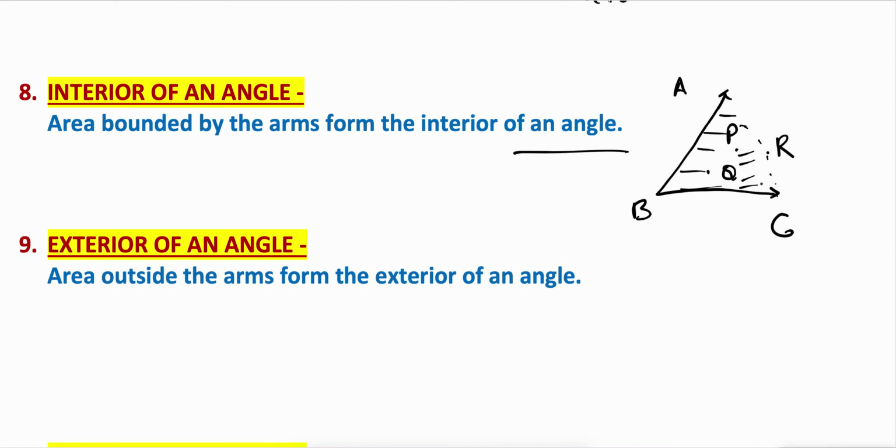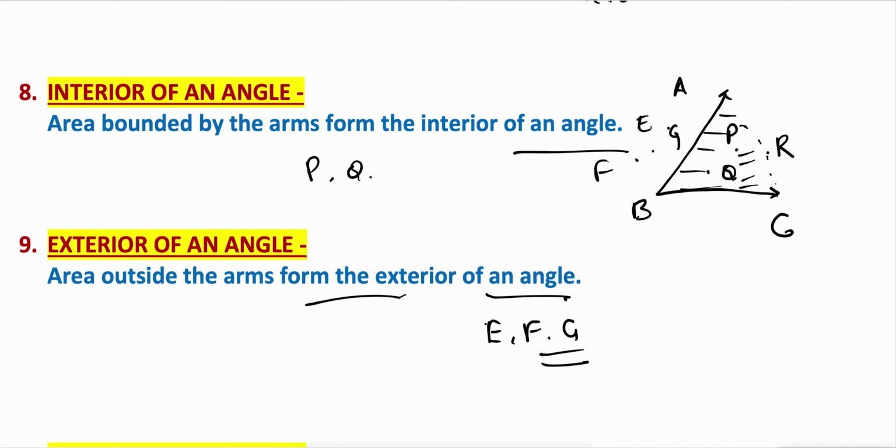But if some points are here like E, F and G, in the area outside the arms, that is called the exterior of the angle. So points E, F and G form the exterior of the angle, and the points P, Q and R, which are inside the arms, form the interior of the angle.